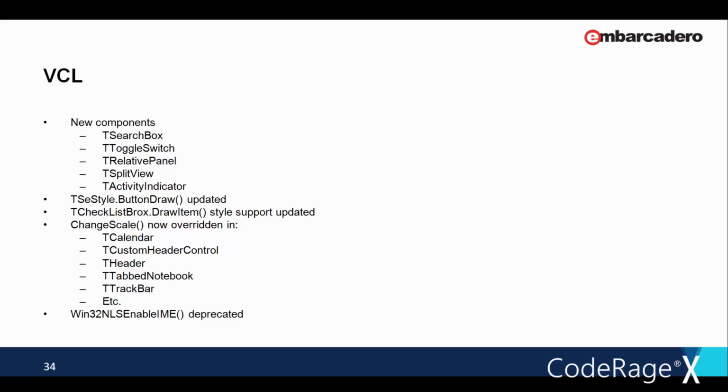ChangeScale is now overridden in a whole bunch of visual components. This is just a sample. There's a bunch more in my notes, and that's mainly for all the DPI awareness. Input method editor has been deprecated, the Win32 call for it.